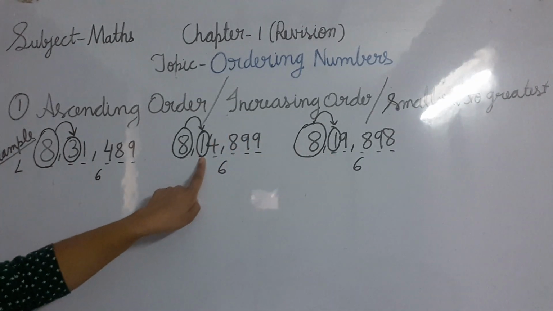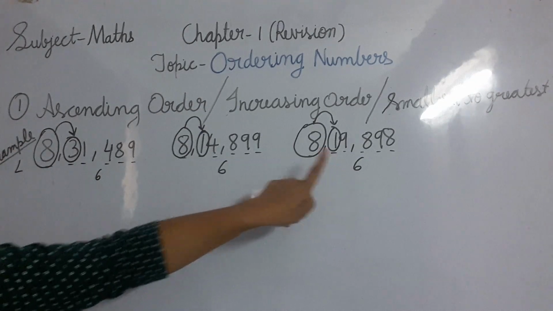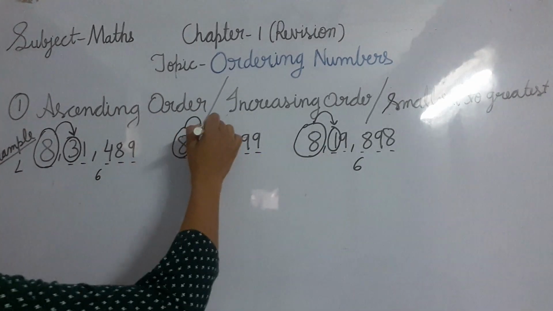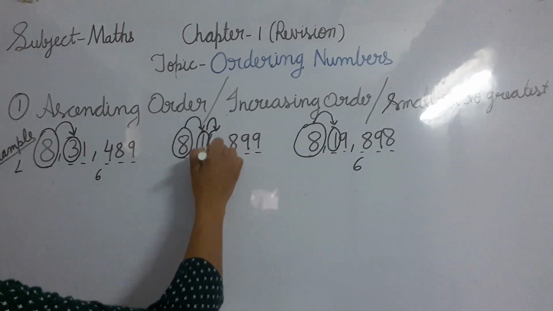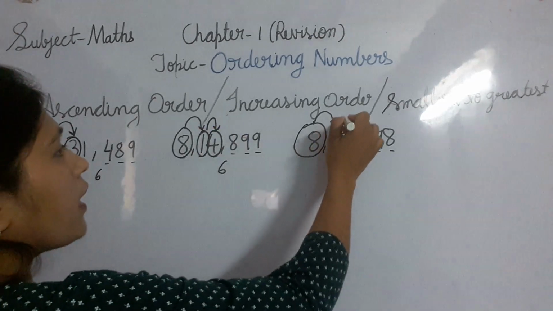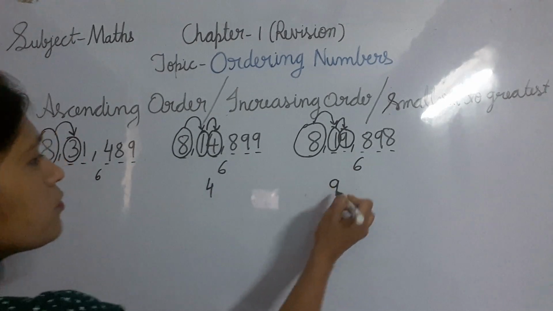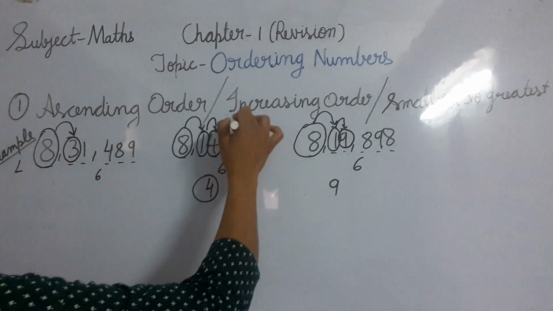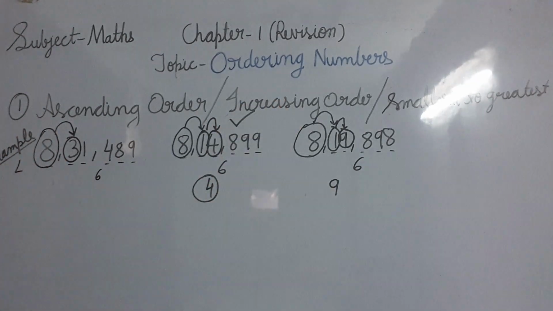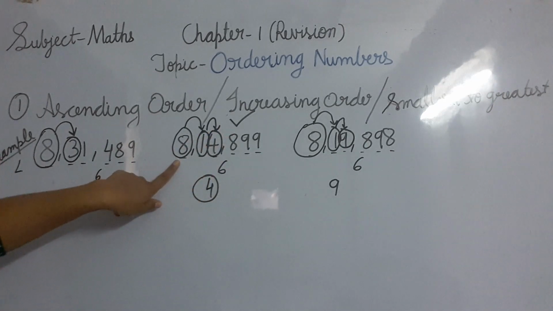Now here also we have 1 and 1, so we check the next digit. Here we have 4 and here we have 9. So 4 or 9, which is smaller? This one. So this is the smallest number here.